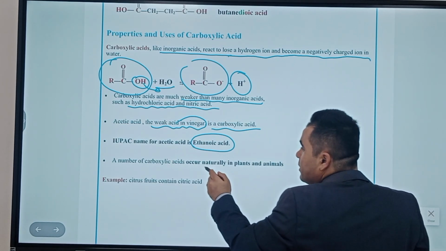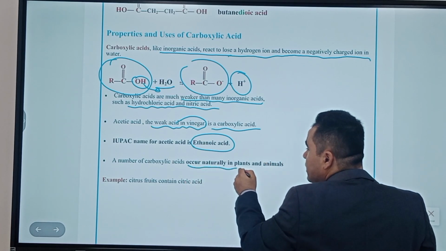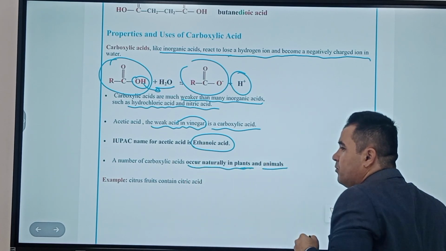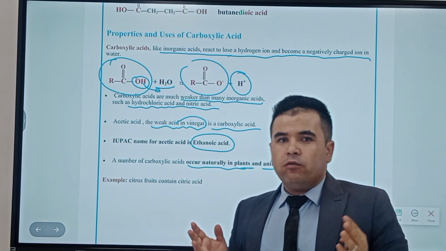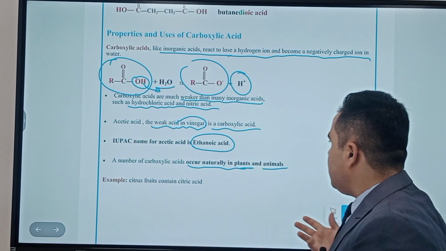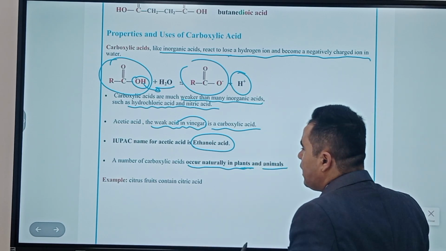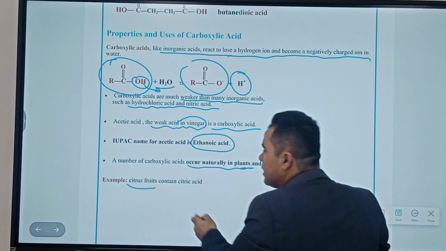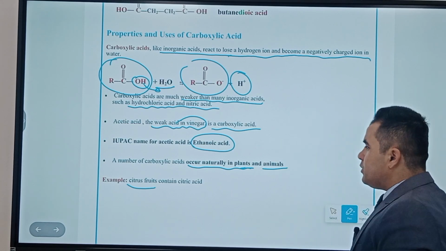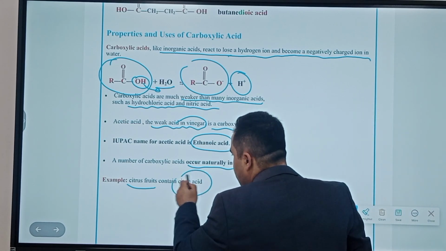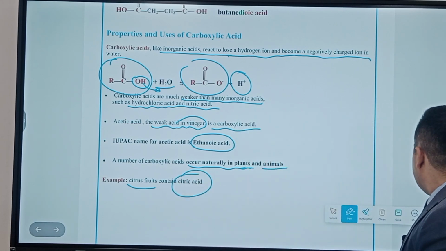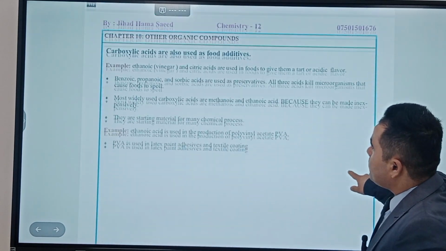A number of carboxylic acids occur naturally in plants and animals, for example citrus fruits contain citric acid, which is a carboxylic acid.